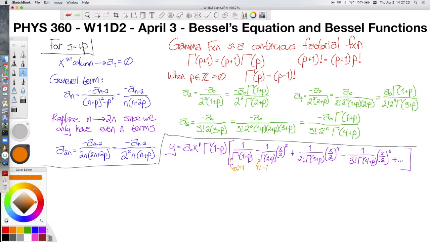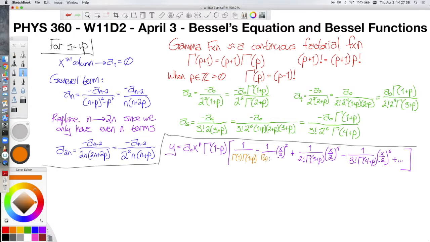So you can rearrange this a little bit to make the pattern more obvious, and I'm actually going to replace what I have in the denominator for these first couple terms in order to make the pattern that we're dealing with here more obvious. So the first term just becomes gamma of 1, there's your 0 factorial, times gamma of 1 plus p. The second term has a gamma of 2, again equal to 1.